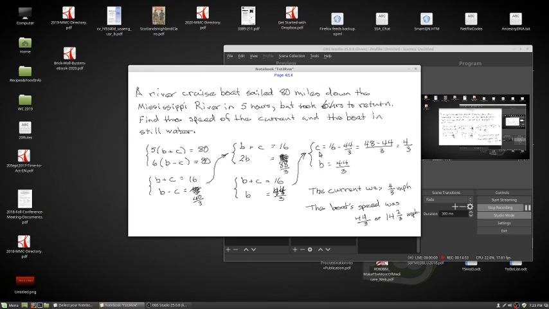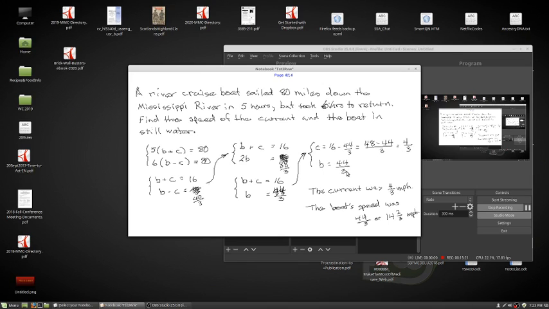So, solving then, we get that C is equal to 16 minus B but we know that B is 44 thirds. So again, 16 is 48 thirds. 48 thirds minus 44 thirds is 4 thirds. So the current is a little over 1 mile per hour.